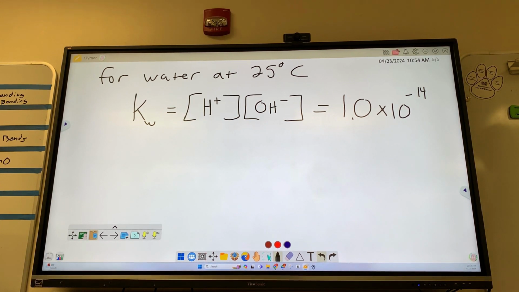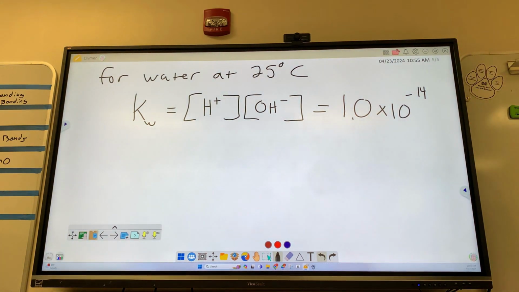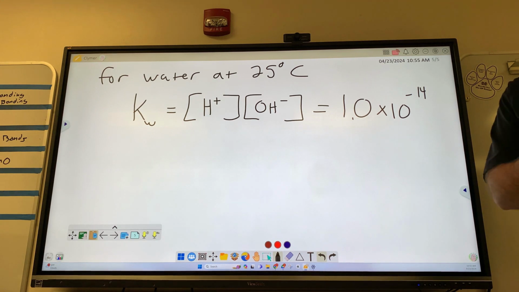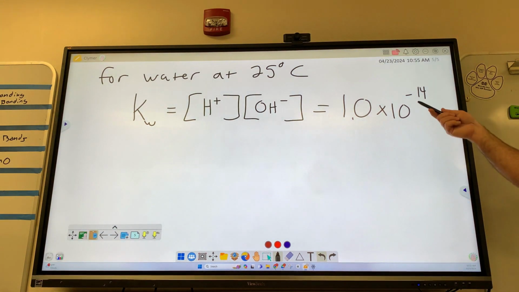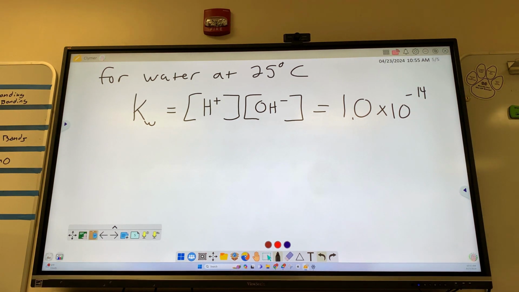The first one in problem 1: calculate the H plus of a solution whose OH minus molarity is 1 times 10 to the negative 5th. How would we solve this problem? We simply substitute this into this formula. In fact, if I was you, I would write this formula right above problem number 1.